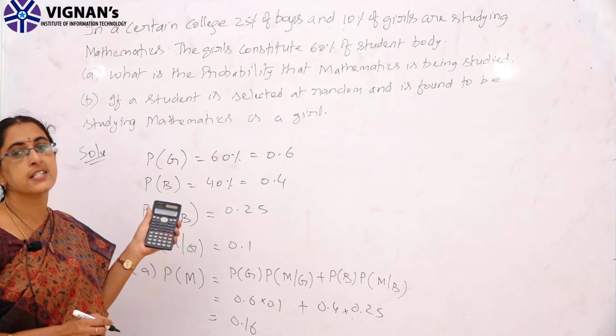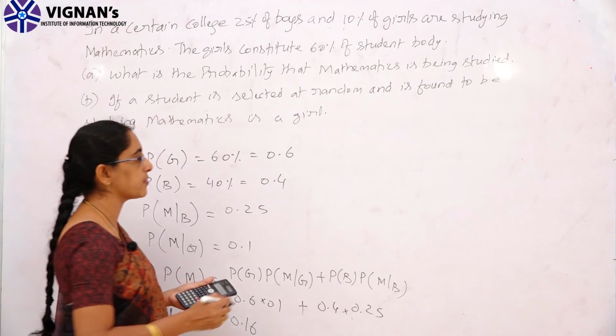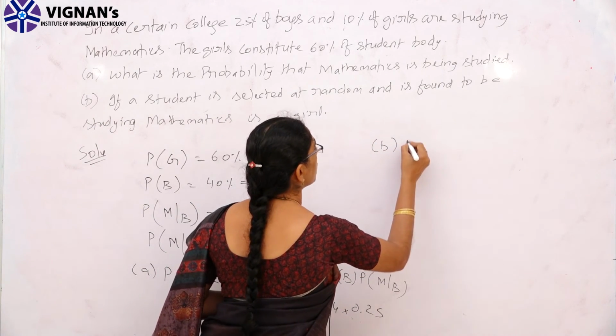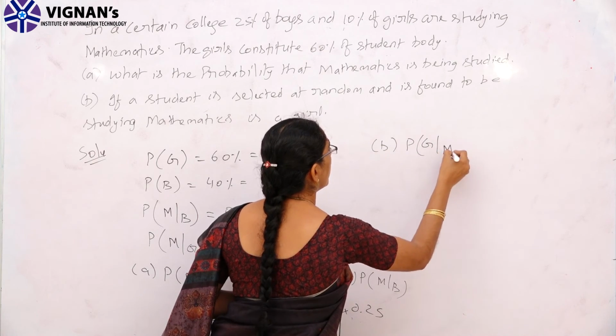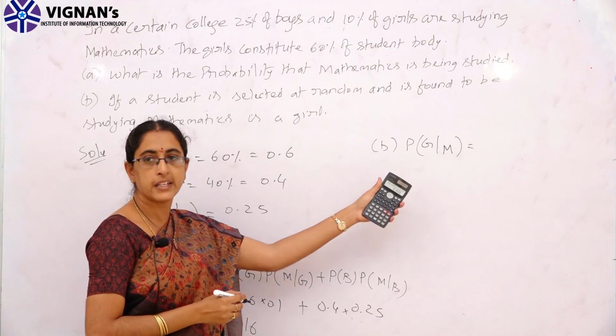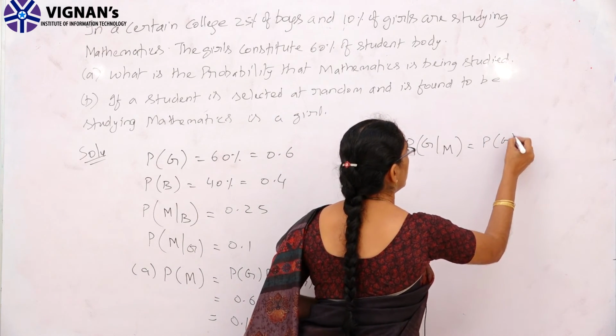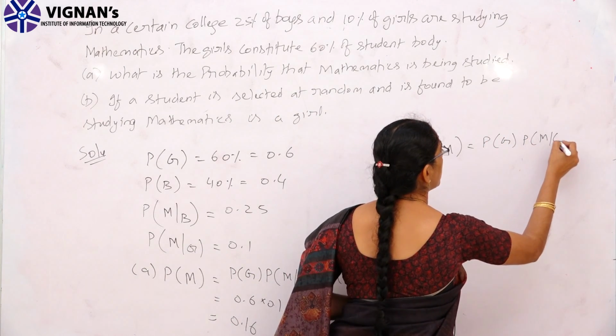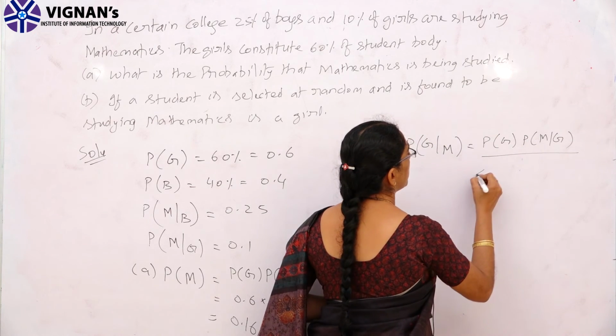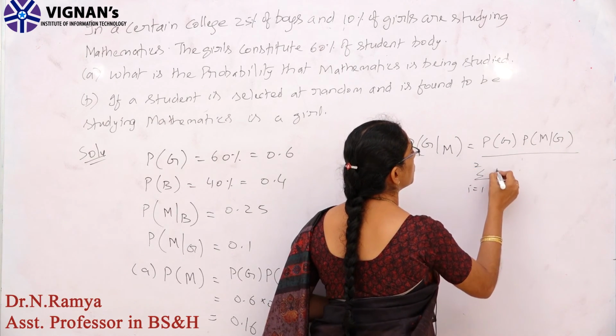Now, the second bit you have to find is that a student selected at random is found to be studying mathematics and is a girl, not a boy. So, we have to find probability of G given M. They are studying mathematics but it is a girl. So, probability of G into probability of M given G by the summation of i equal to 1 to 2, right.